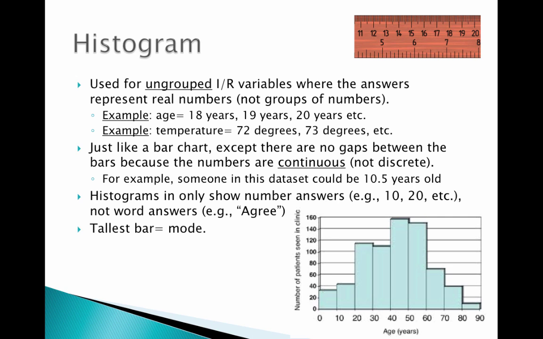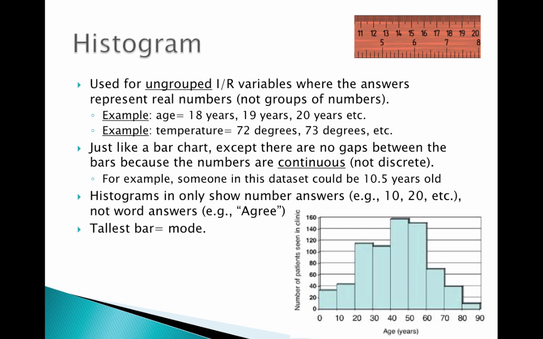The reason for this is that people can fall in between these bars. The gaps before indicated that each bar was a separate, distinct group. In this case, all the bars are pushed together and there's no space in between them. If we see here, we have ages in intervals of 10.